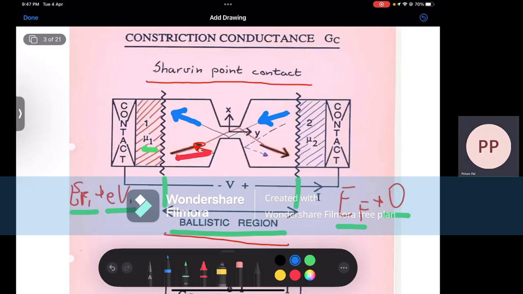And conductance is given by current divided by this voltage, the voltage that is applied here. So the question is of course, how to calculate the current.